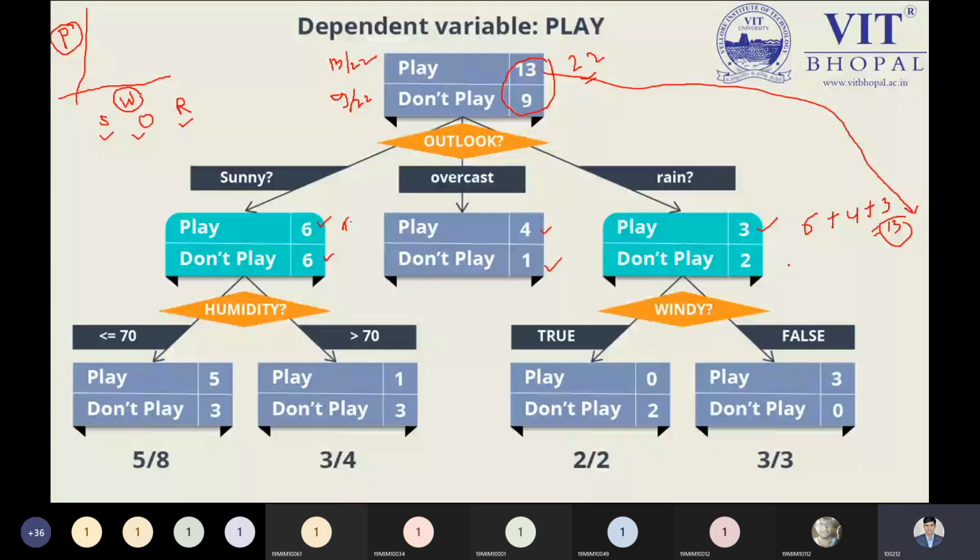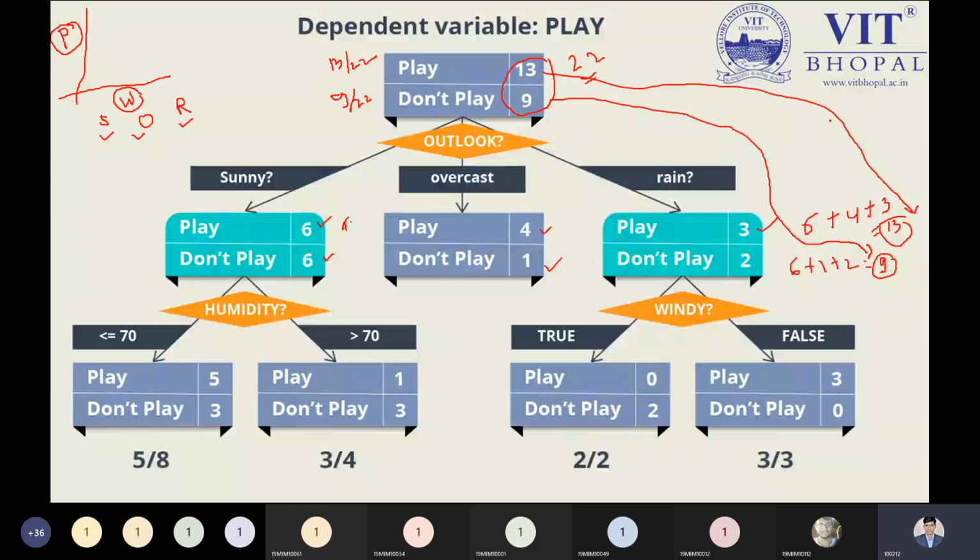Here we have the don't play conditions: we can write 6 plus 1 plus 2, so we can say 9. We can easily determine that we have the total value of 9. It means we have filtered our information based on the condition, and we have divided our people based on the condition of whether they are interested or not, whether they are playing or not.